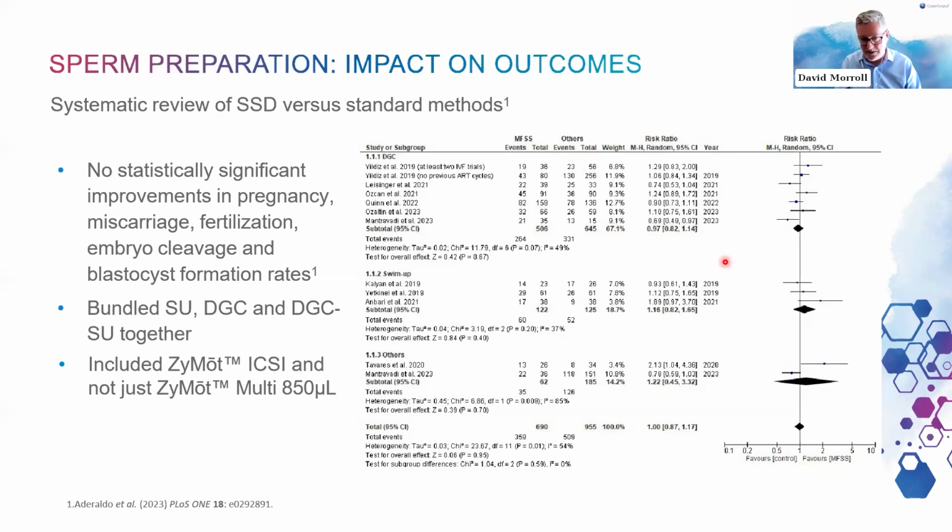So I just flag that up as a word of caution: that systematic review compares two groups of different approaches to sperm preparation. It may not be forensic enough to detail specific differences between methods.